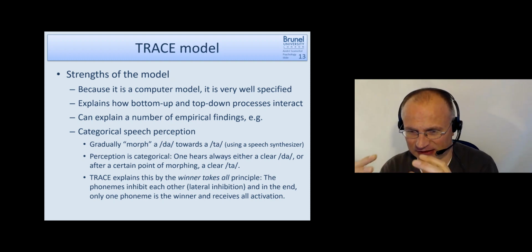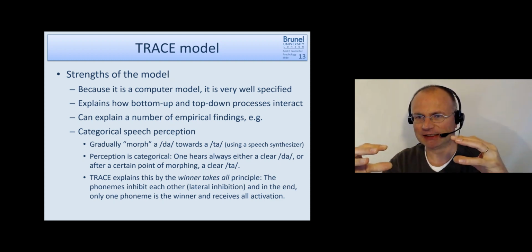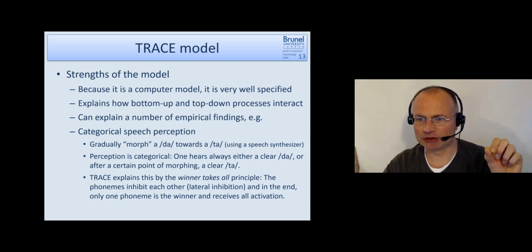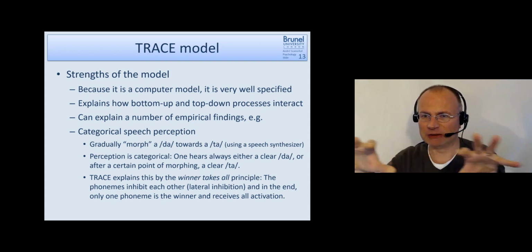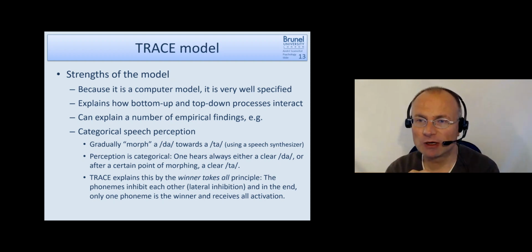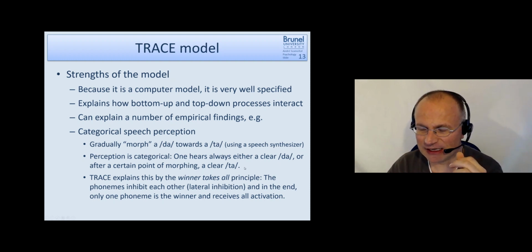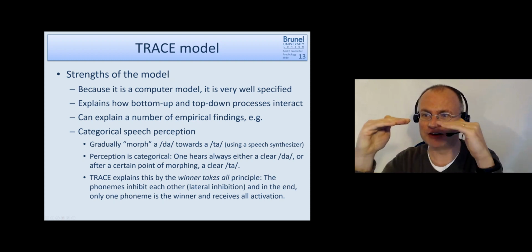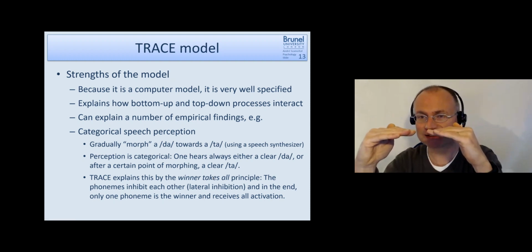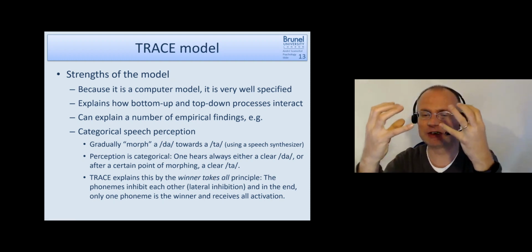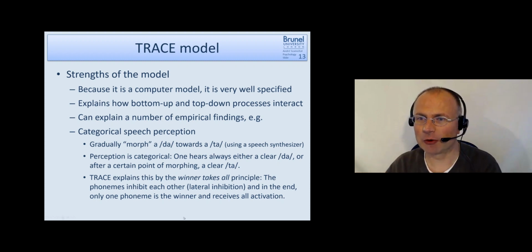If you remember, on the phoneme layer, we have this lateral inhibition. So the phonemes inhibit each other so that there can be only one winner. When we would hear something in between, and we only have a representation for da and ta, we would expect da and ta to both be activated so that we perceive a mixture of both, but only one can be activated.